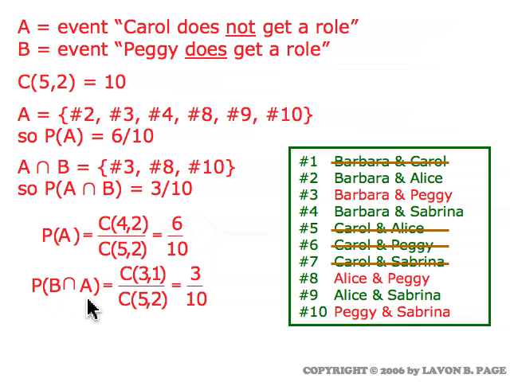And in the same way for B intersect A, the cases where Carol does not get a role but Peggy does means that when you're choosing the people to get a role, Peggy automatically gets one of them, so you have to have one of the other people in addition to Peggy, but not Carol. So that's where the C of 3-1 comes from.